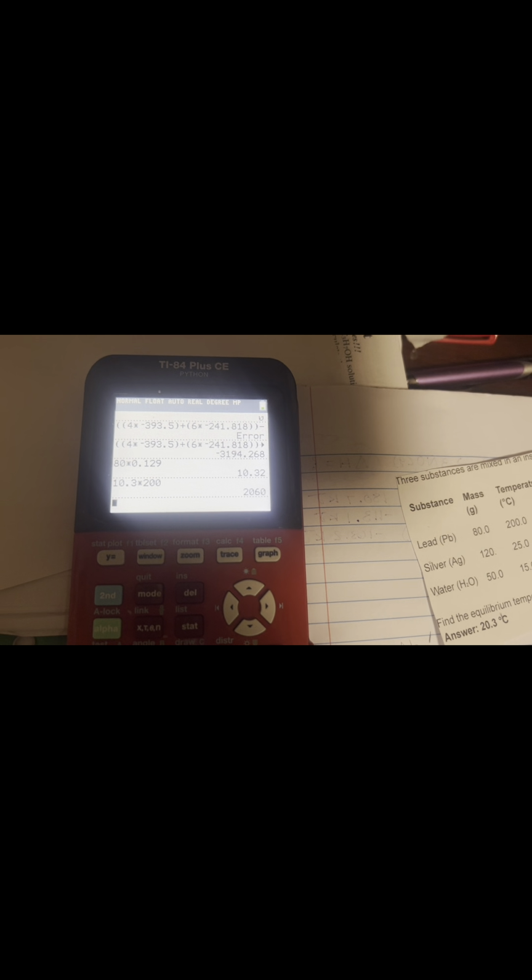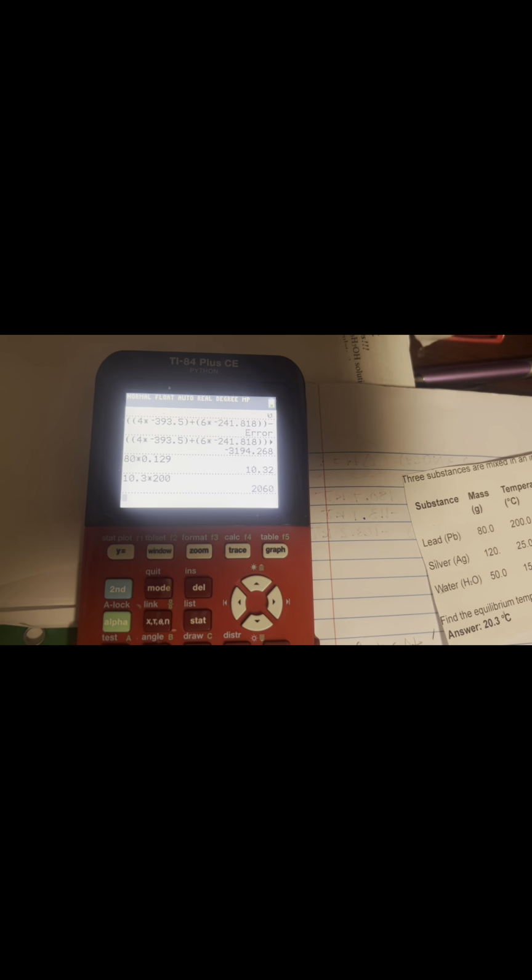Because of distributive property, we would multiply these two into this and into that. So it'd be that, and then we would do 10.3 times 200, which would get us 2060. And 2060 is already in 3 sig figs, so it'd be TF minus 2060. So that would be our first term, if you will, for lead.